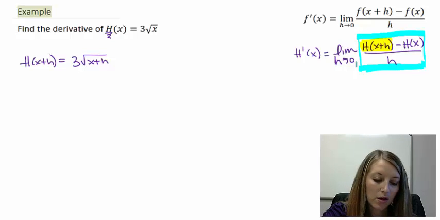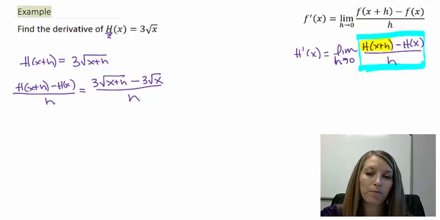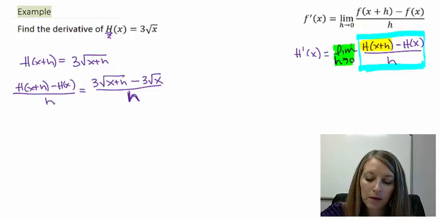This is my x plus h function minus my original function all over h. That gives me 3 times the square root of x plus h minus 3 square root of x all over h. Now we know that we have to simplify this to get rid of this h in the denominator, so I can move on to my third step, which is the limit.